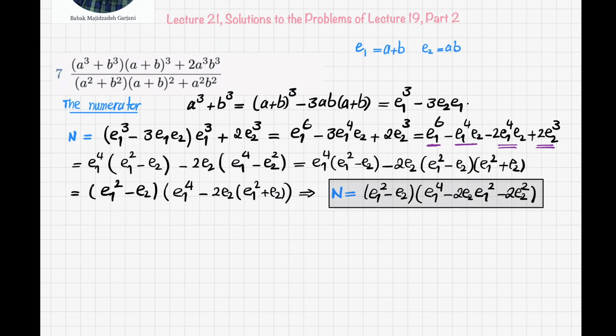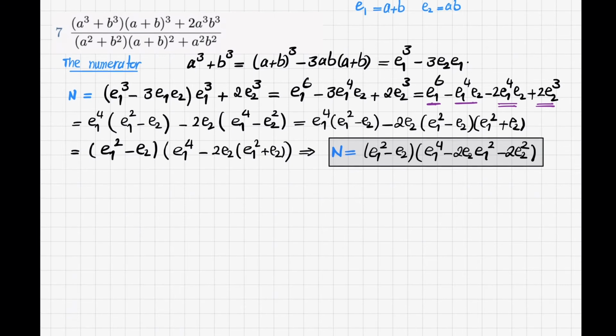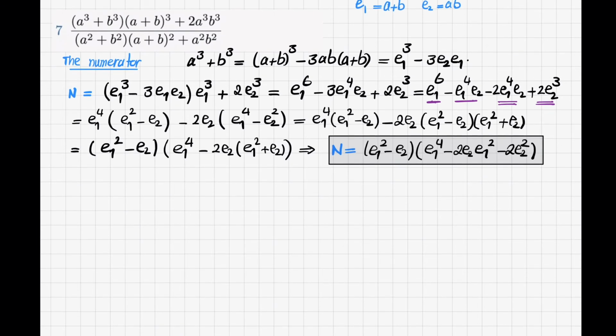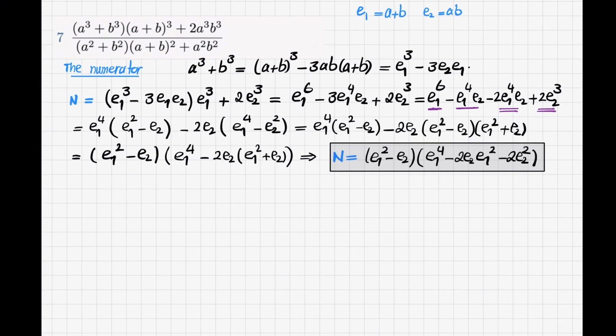And now I go to the denominator. The denominator also is the same story but simpler. So here that's also a symmetric polynomial, so let me write the denominator.